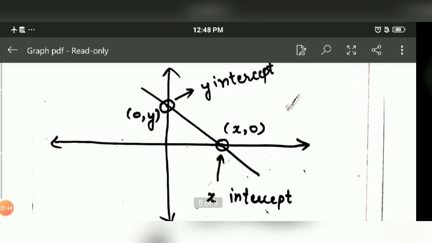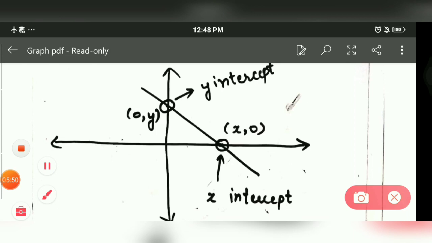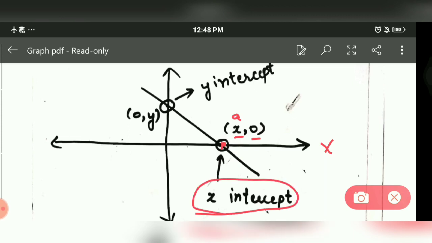So for the intercept, now we have to find the intercept of x and the intercept of y. If this line crosses the x-axis at this point, y is going to be 0. Suppose the value of x is here, x or a, whatever you want to take. So this is the x-intercept, meaning the point where the graph crosses the x-axis is called the x-intercept. Now what is the y-intercept?